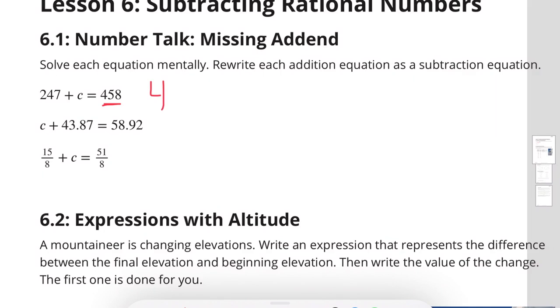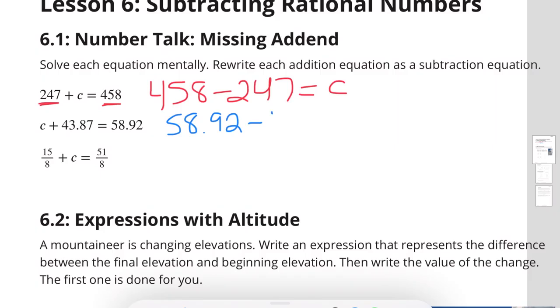So 458 minus my given number of 247, which gives me C. On the second one, I would have 58 and 9200ths minus 43 and 8700ths, and that would give me my value for C. And on the third one, I would have 51/8 minus 15/8, which would give me my difference, which is C.